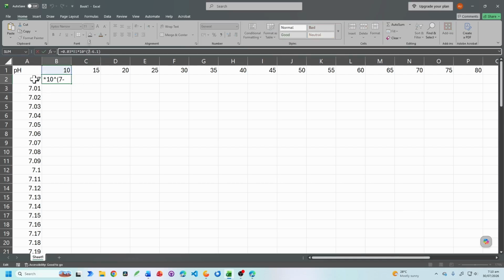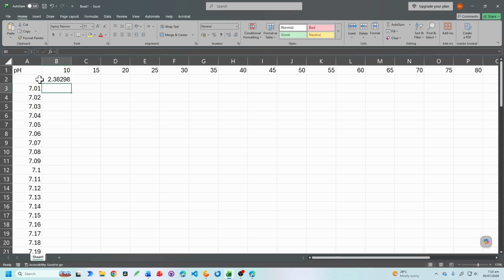We can replace it by clicking here, and it will grab the value from here. And the interesting thing is that as I pull this formula down, it will not grab the pH from this cell. It will grab the pH from the cell which is below it. So this is the power of this.